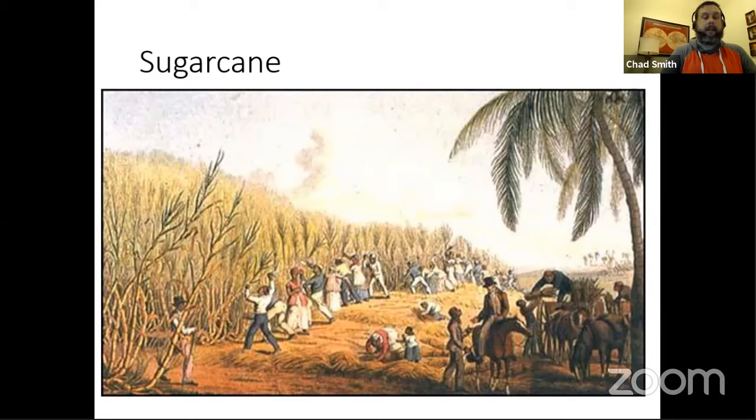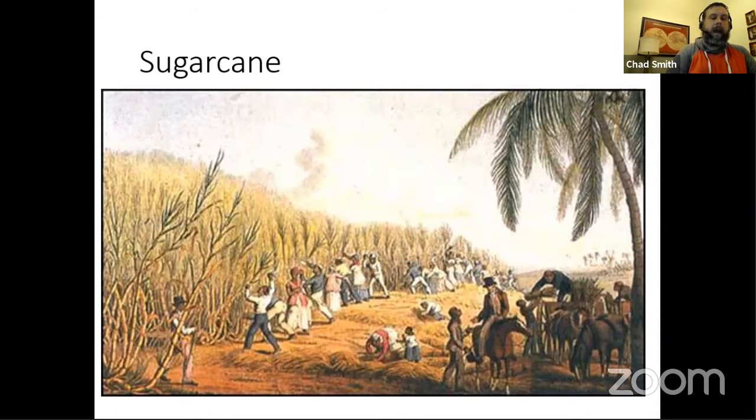About 90% of all the Africans who were brought from Africa to the Americas were taken to the Caribbean or to Brazil, where they worked most likely on sugarcane plantations.